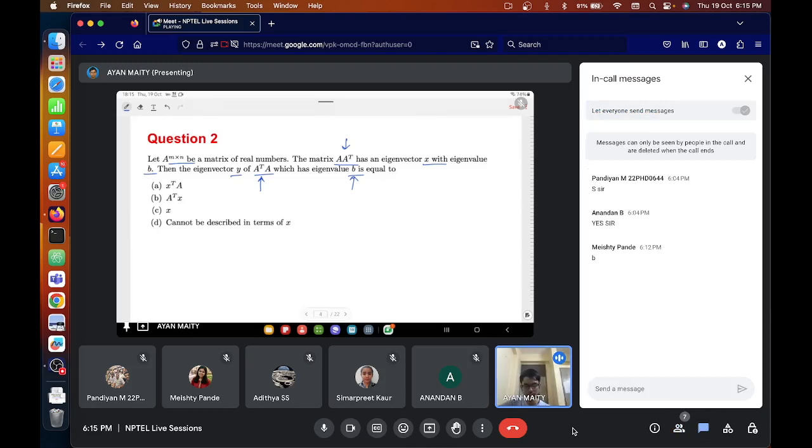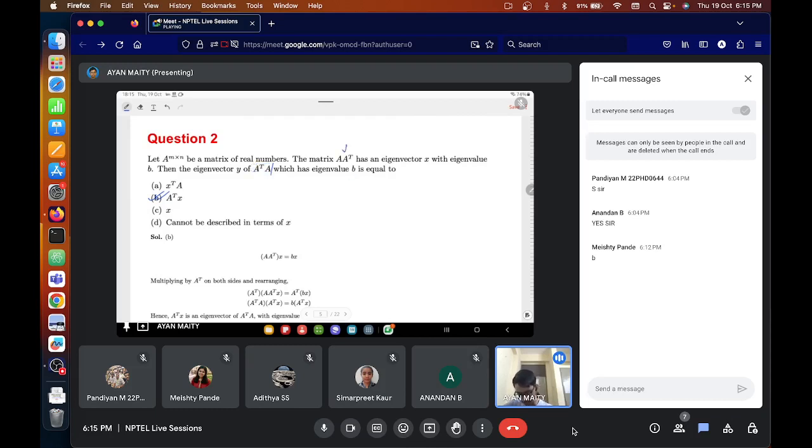So the correct answer is option B. The eigenvalue and the eigenvector for the matrix A transpose are given, and you have to find the eigenvector for the matrix A transpose A with the same eigenvalue as A transpose.